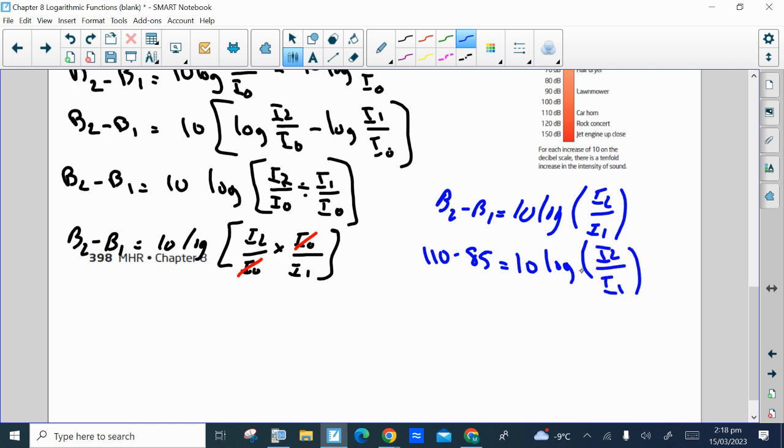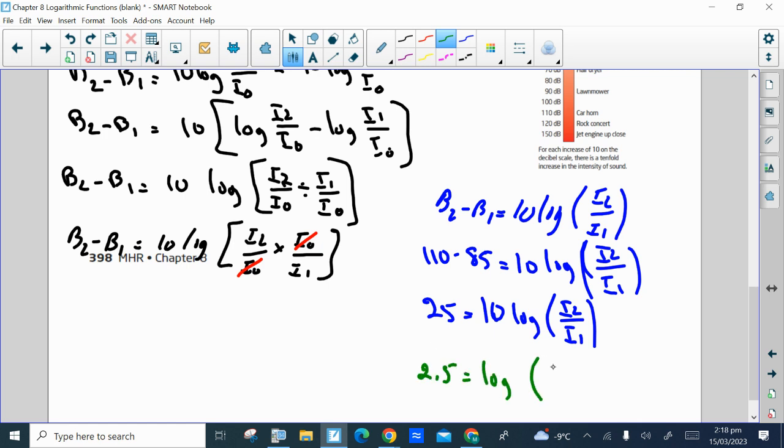But this is going to allow us to, again, solve for I sub 2 over I sub 1. So 110 take away 85 is 25. And if we want to get the I sub 2 over I sub 1 by itself, we would do that by first dividing the 10 on both sides. So 2.5 is what we'll get on the left side because it's 25 divided by 10.